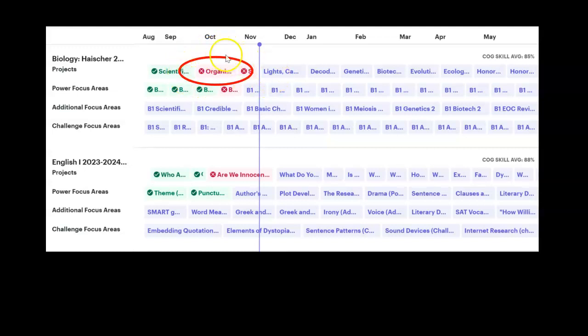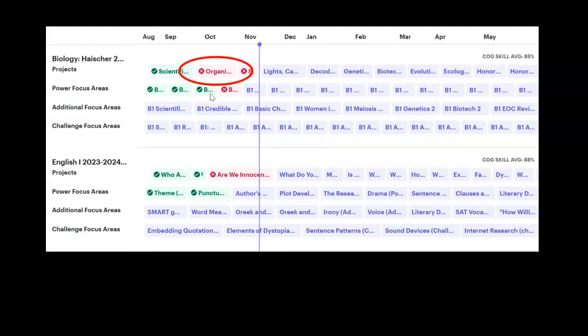And remember, for these red units, the student has until January 5th to make up this missing quarter 2 work, and then at that point it becomes permanently missing. Therefore, we want to make sure that these red units are resolved by January 5th, otherwise the student will not go back and be able to make up this missing work. So this unit is red because the student is missing work that needs to be completed.